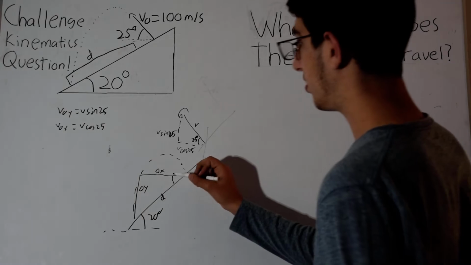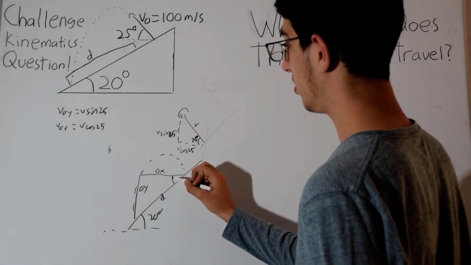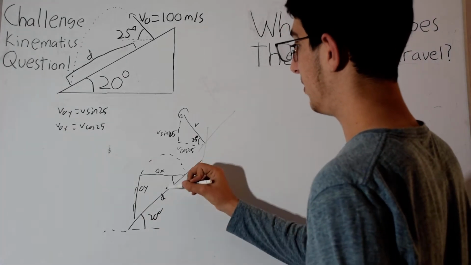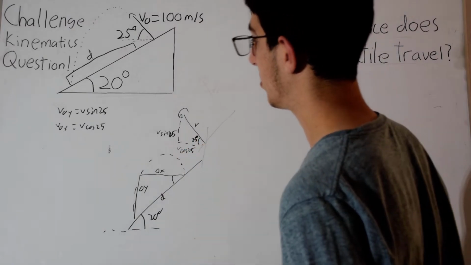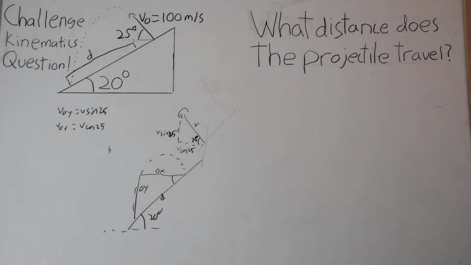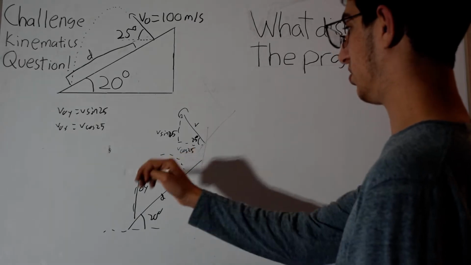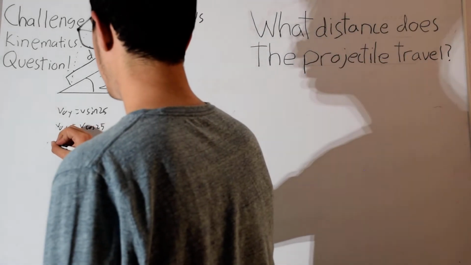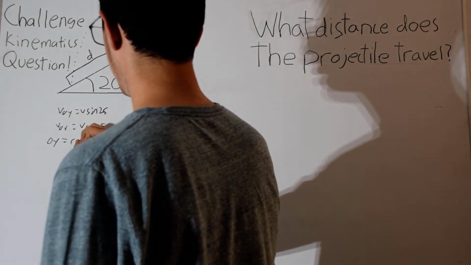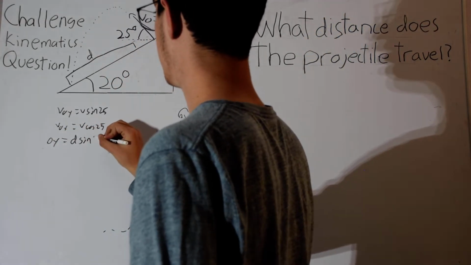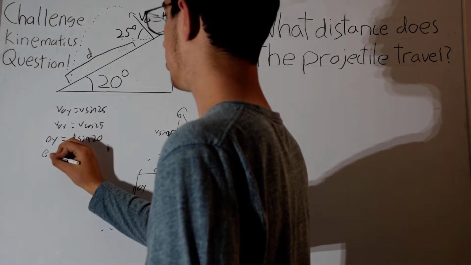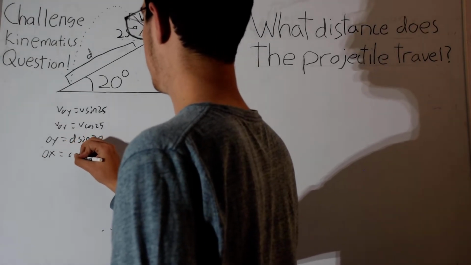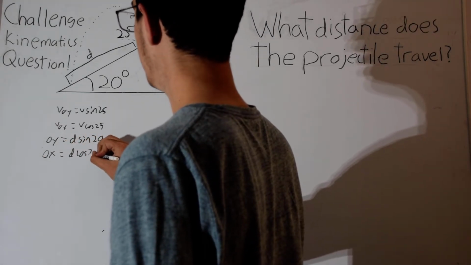Now that we have this 20 degrees right here, it's the same value as this, we know that d cosine 20 degrees is going to be equal to the adjacent side, or change in x, and d sine of 20 degrees is going to be equal to the opposite side, or change in y. Alright, so change in y equals d sine 20, and change in x equals d cosine 20.